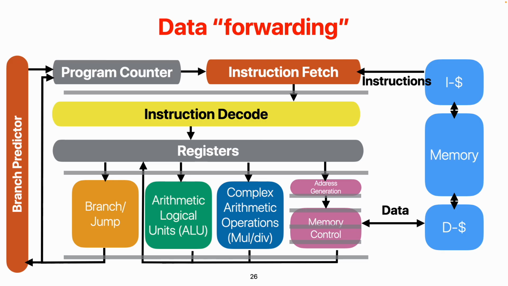To be aligned with what we have, that's why I have more pipeline stages here. But for data forwarding, its basic idea is, okay, I just create hardware wires that allow me to directly propagate the result I just created and send it to any potential ALUs that would need that value.